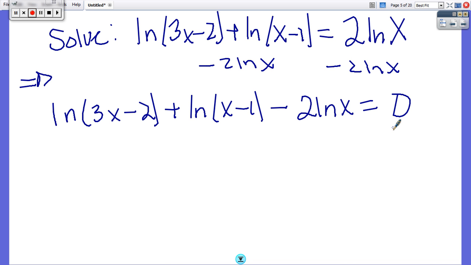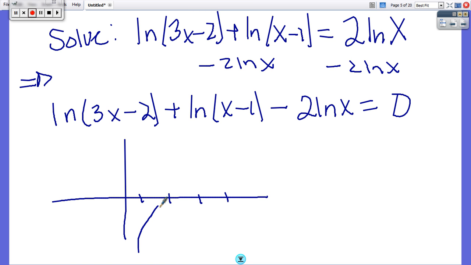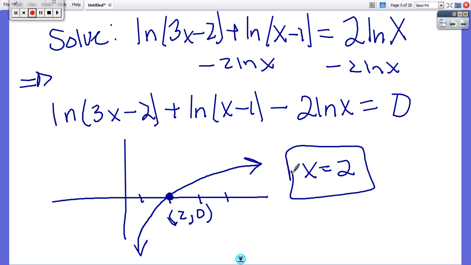That's where y is equal to 0. So, when you graph it on your calculator, you'll see that it looks something like this. And again, the 0, or where it crosses the x-axis, is at 2, 0. So that means that the only solution to this problem is x equals 2.